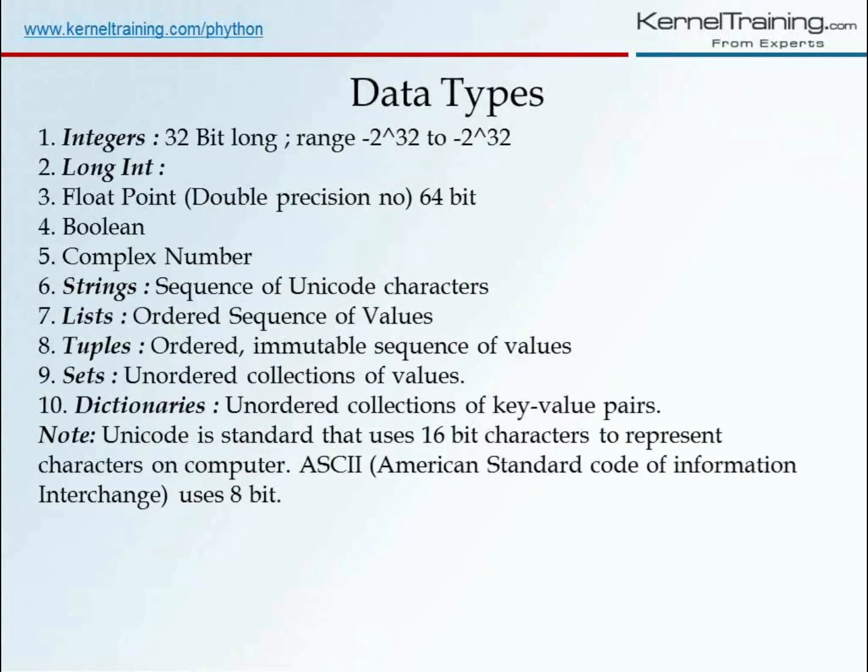So we have come to the basic building blocks, that is data types. One thing to note here is that in C++ or Java, you have to explicitly mention int a equals some value. You have to tell the system that you are going to use this integer variable. In Python, the declaration part is the same.